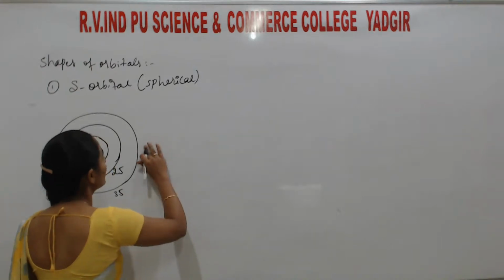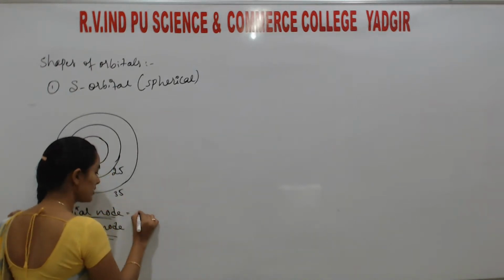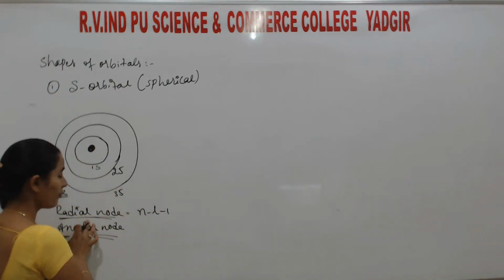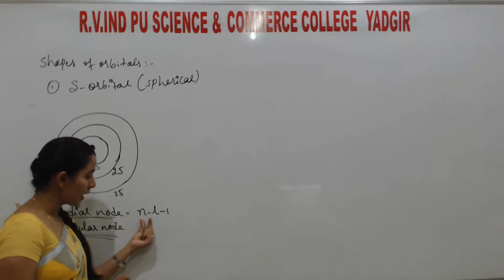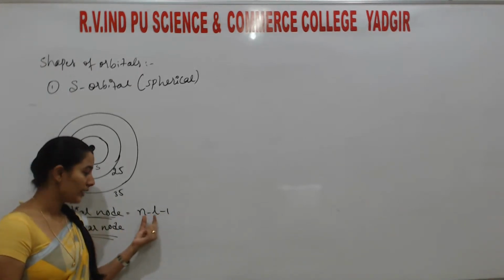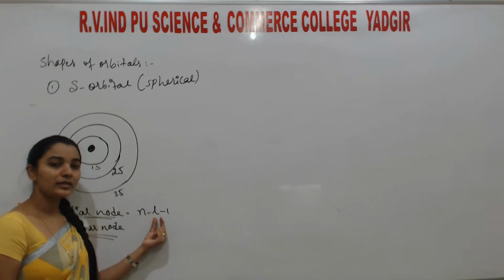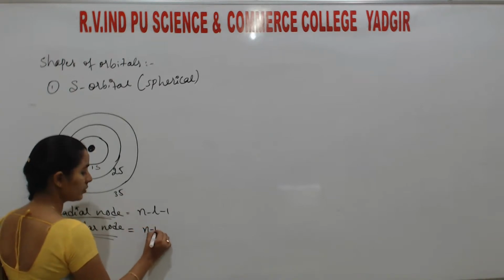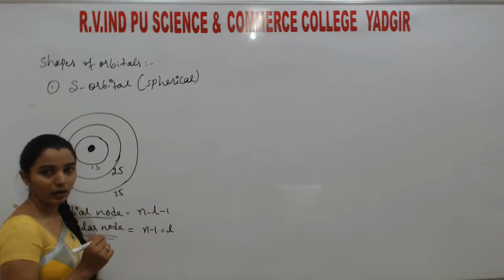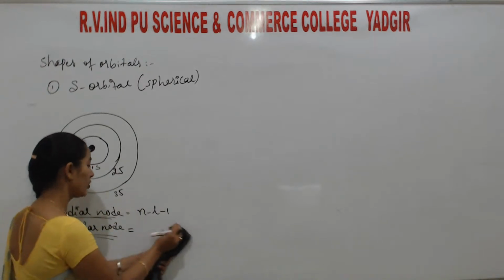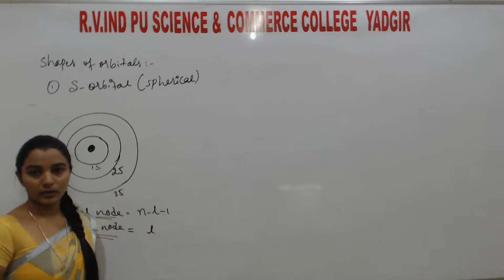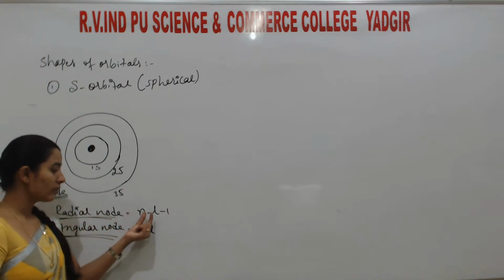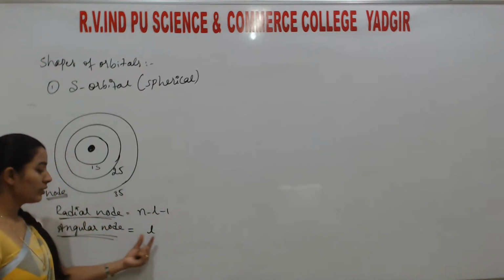So listen students, the formula for radial node is n minus l minus 1, where n is the principal quantum number and l is the azimuthal quantum number. For angular node it is n minus 1, or you may also write it as l. So angular node is equal to l.